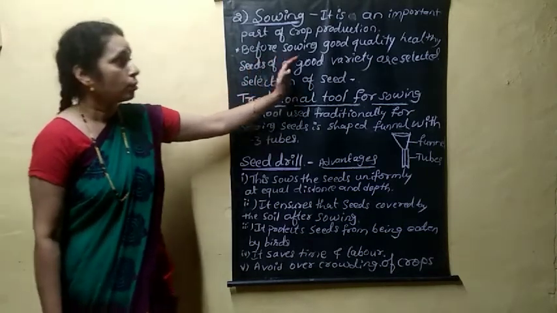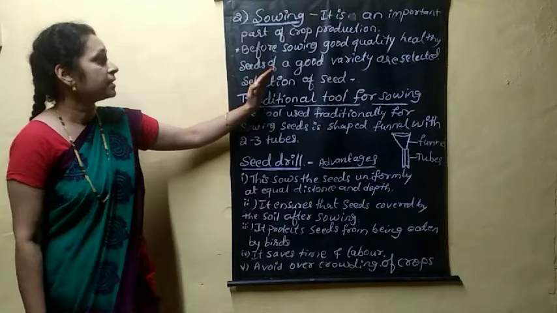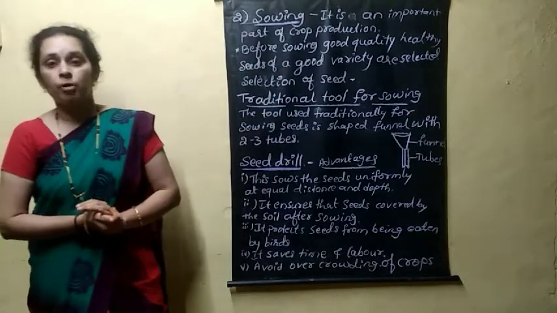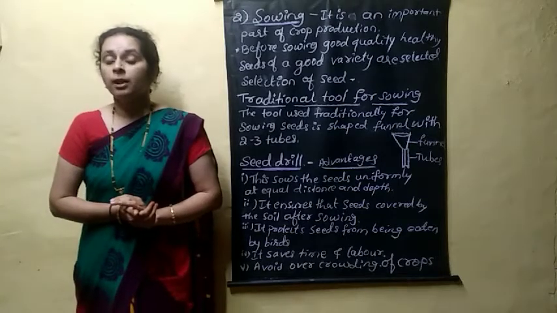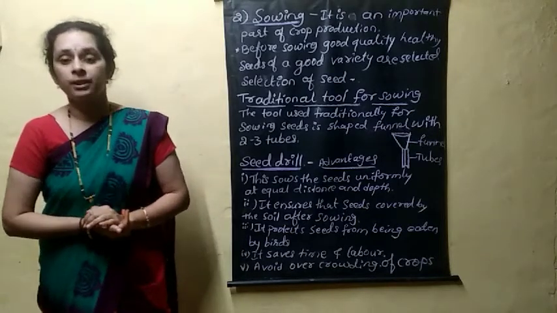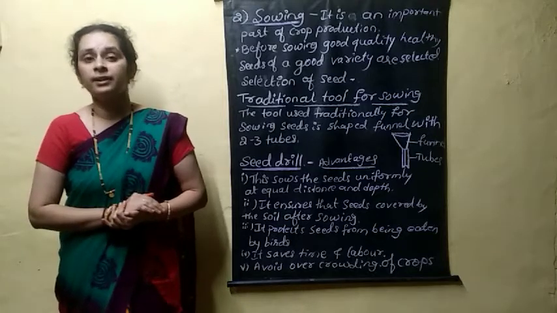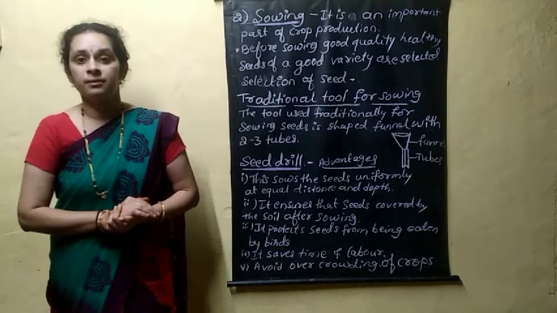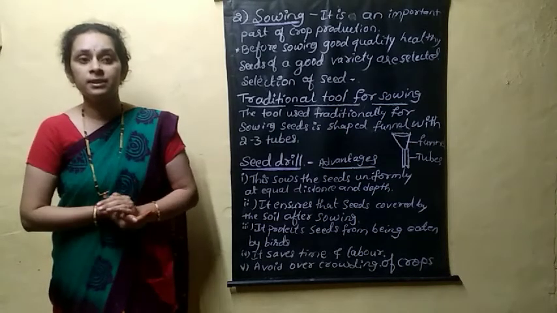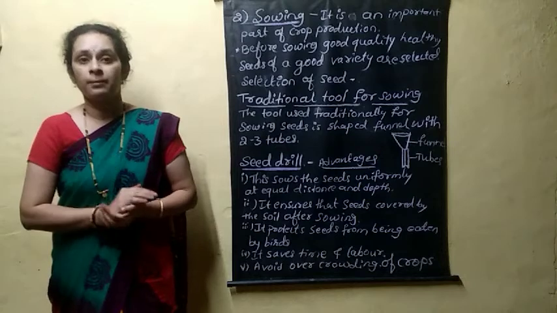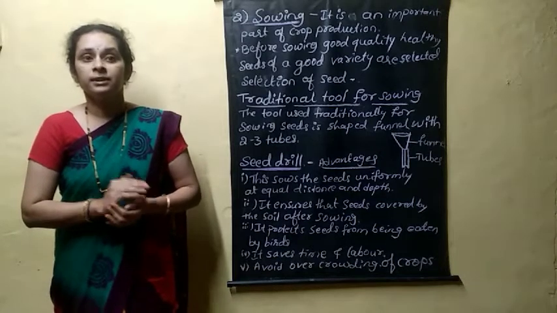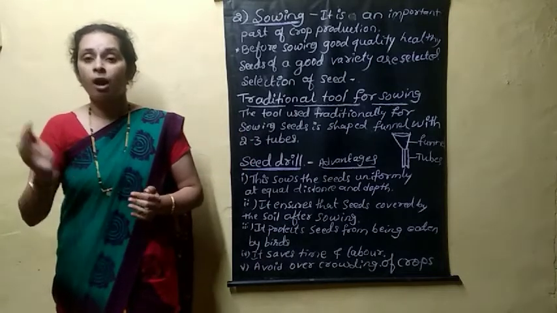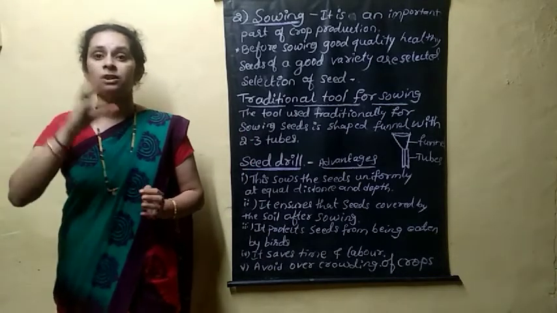Before sowing, good quality, healthy seeds of a good variety are selected by the farmers. Selection of seed is very important. Farmers should select good variety, good yield capacity seeds. For this, farmers use an easy method: they take a bucket or beaker, fill it half with water and add the seeds.